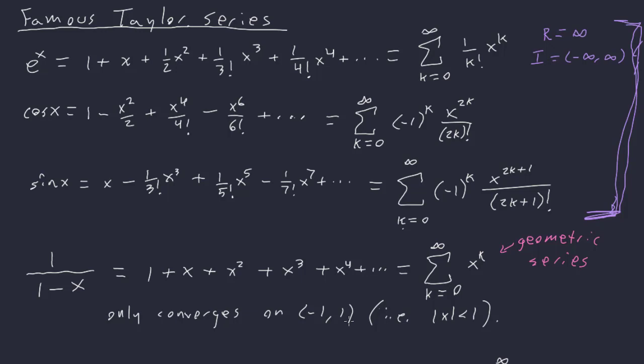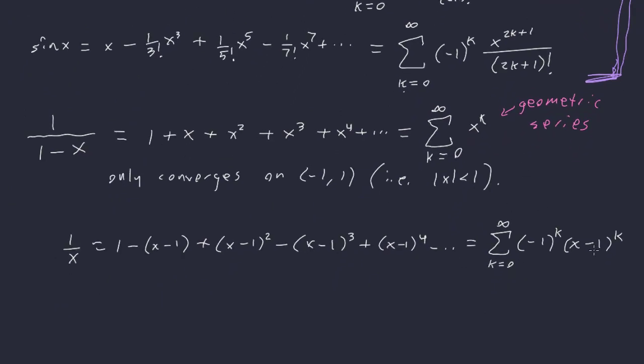Very nice. I've already talked about this one because we already know that this is a geometric series. This one, it may not look like it, but this is actually also a geometric series.